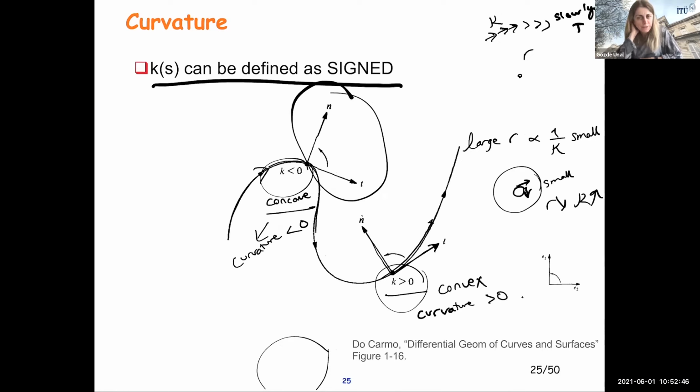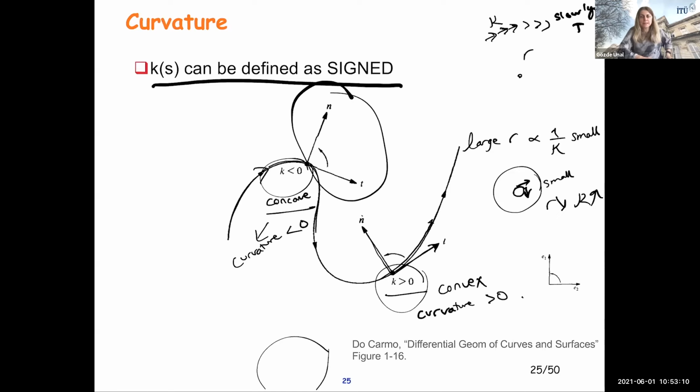Fine. So we defined the parameterization of a curve. We defined the tangent curve, normal curve, binormal, tangent vector, normal vector, and binormal vector. That's a frame, right? The curvature. So these, as you've seen, all depend on derivatives of the curve, right?